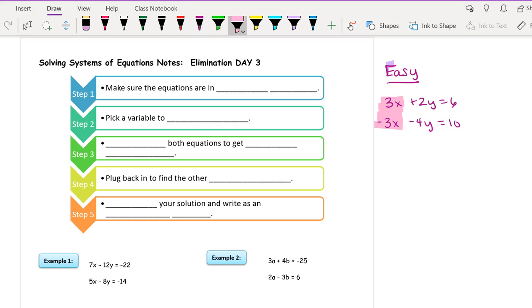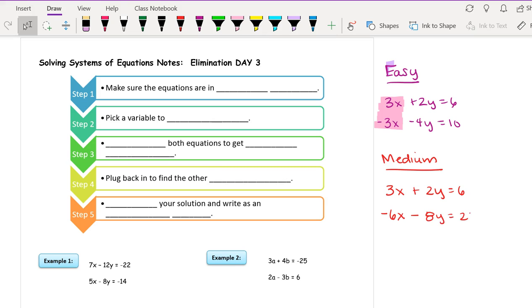Then we have the medium level difficulty, where I need to maybe multiply one of the equations. So I have 3x plus 2y equals 6, but maybe I have negative 6x minus 8y equals negative 20, where I don't have any of the values that are the same.